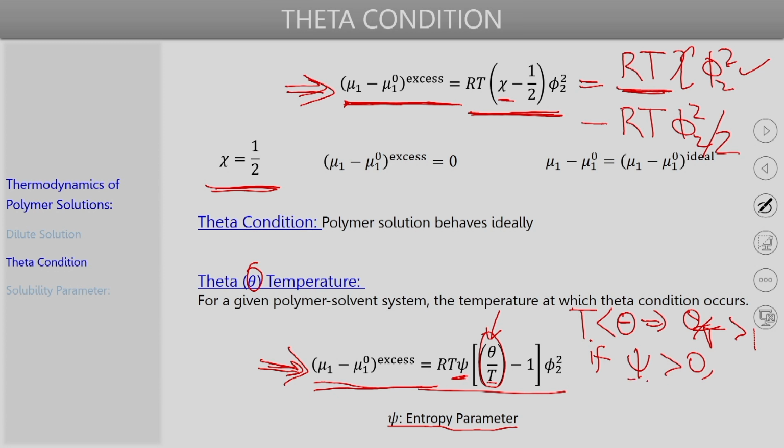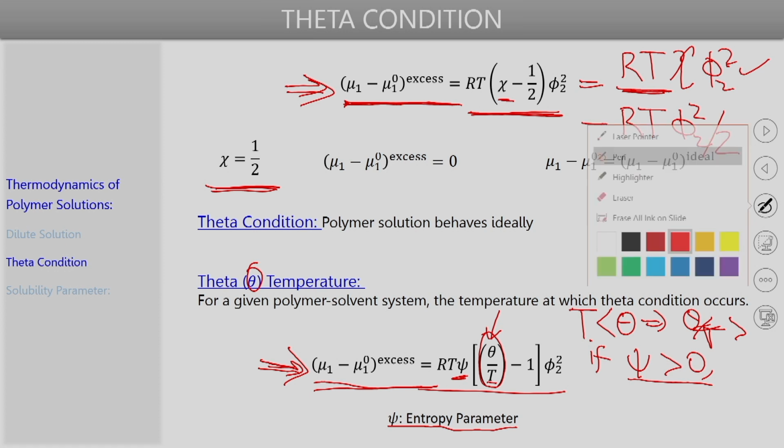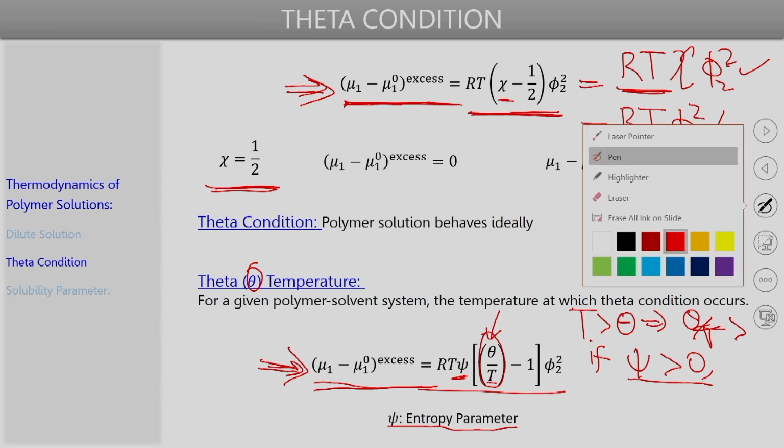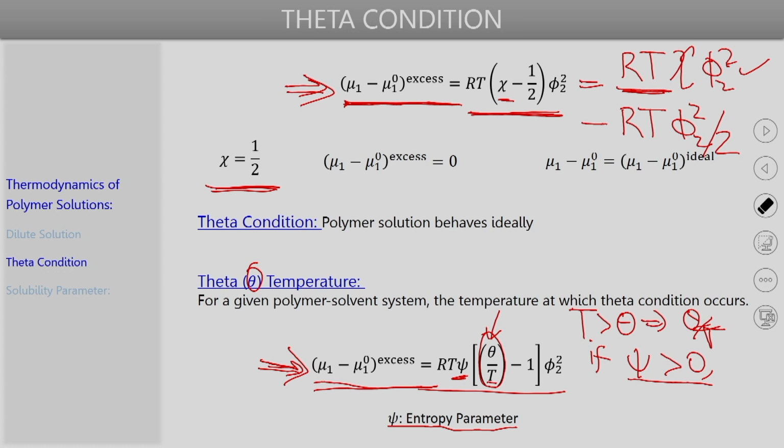Similarly, again let us consider psi greater than 0, a positive entropy parameter. Now, if we consider the case where the temperature of the solution is above its theta temperature, then the ratio theta by T is now less than 1, and this ratio being less than 1, the bracketed term becomes negative, and since the entropy parameter we are considering is also positive, overall this mu 1 minus mu 1 naught excess term becomes negative.